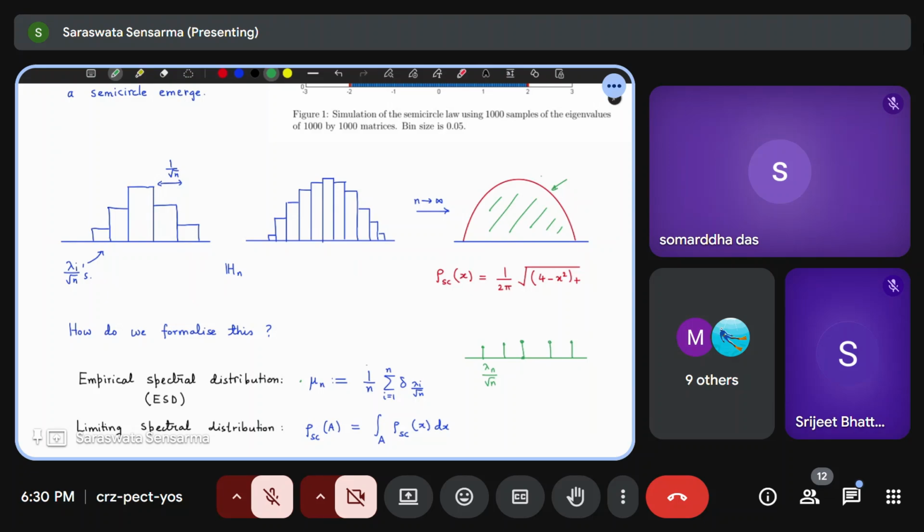However, note very interestingly that this is a random measure. All of these points are random, so the measure itself is random. And so you have this sequence of random measures, which basically represents this histogram. How? If you plug in this interval I, then mu n of I would give you the height of this histogram.